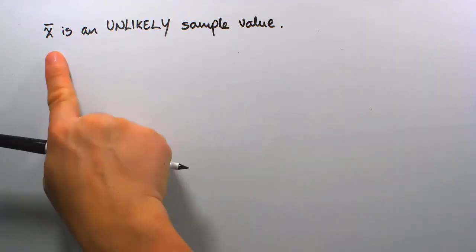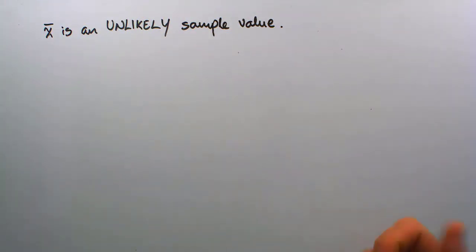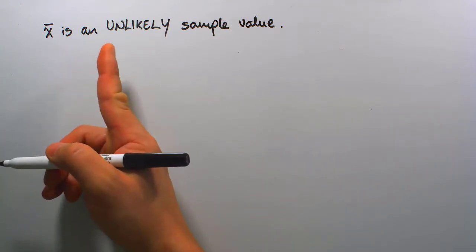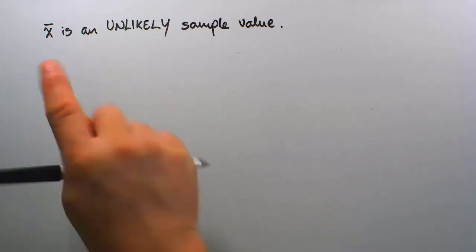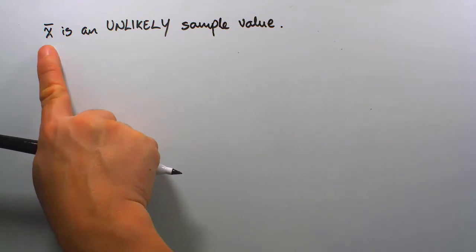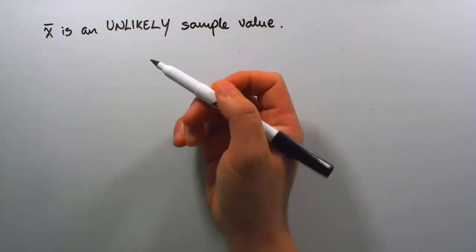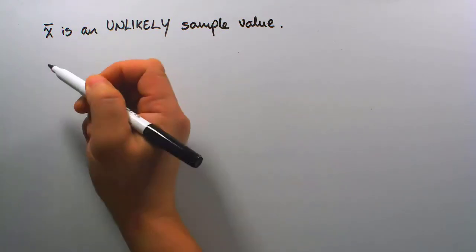Specifically, it's an unlikely sample mean value. Now I am going to explain why, because we have seen earlier in the steps that once we can prove that our sample value is an unlikely sample value, it leads to the sample itself being strong evidence.